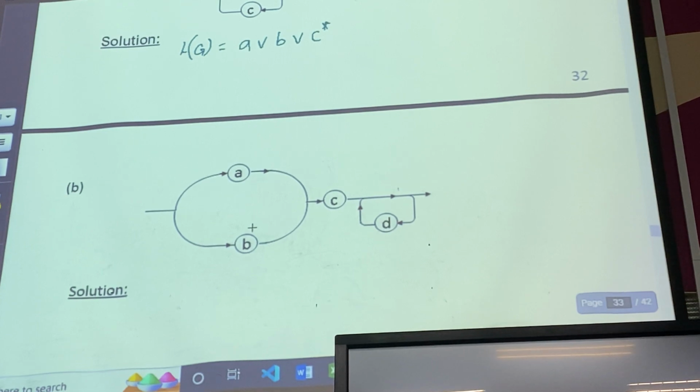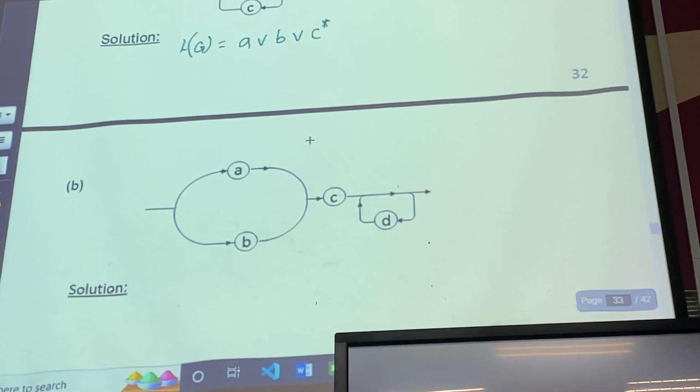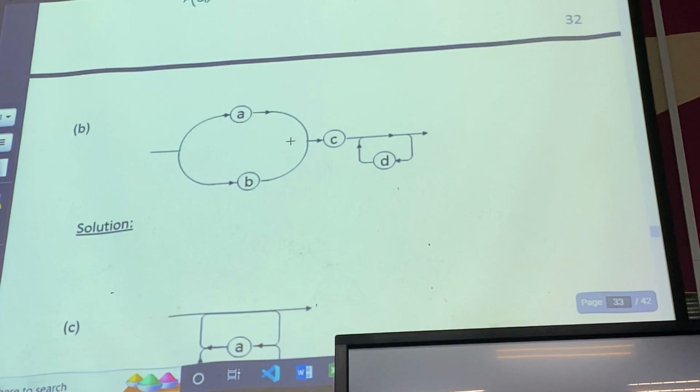This one? How to write the regular expression? If you write like that, your answer will be very wrong, right? Can we simplify it a bit? How? It is not wrong.